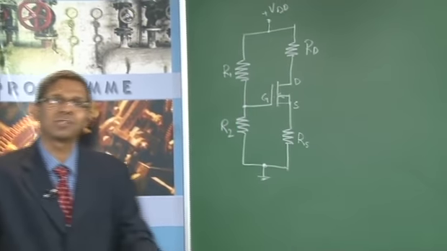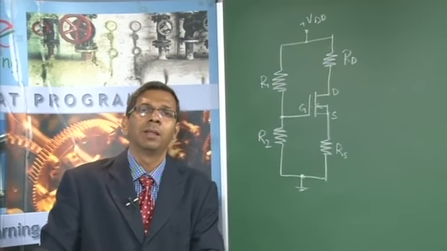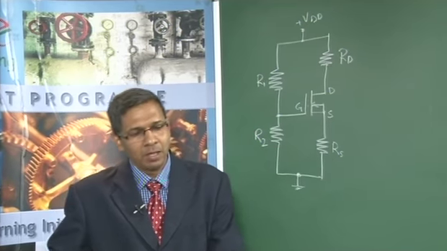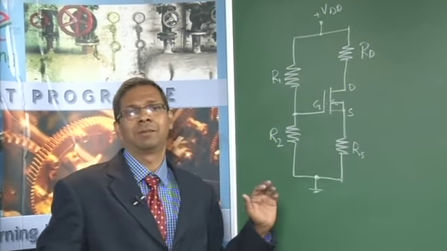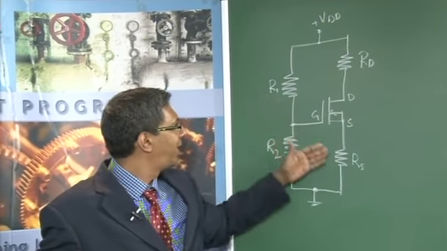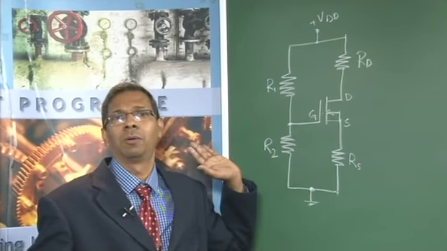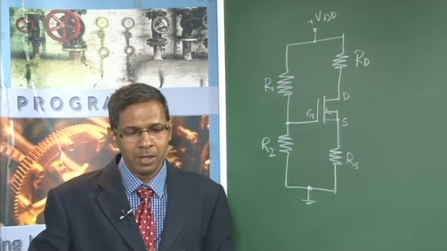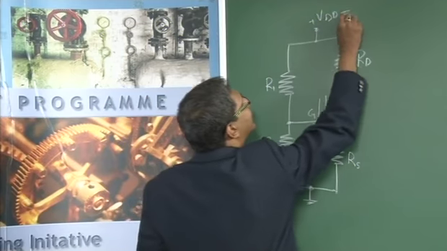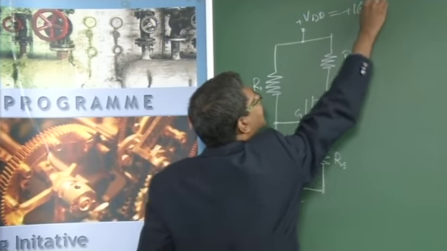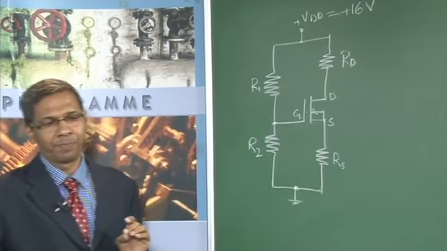Now let me just run through the entire question as to how we should do the design. The question says we have to design a voltage divider bias network. Design means find RD, find RS, find R1, find R2. Architecture is known to us. With a supply voltage of VDD equal to 16 volts. So VDD is given as 16 volts.